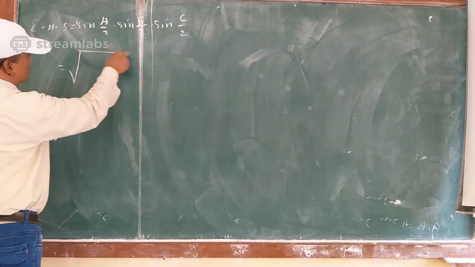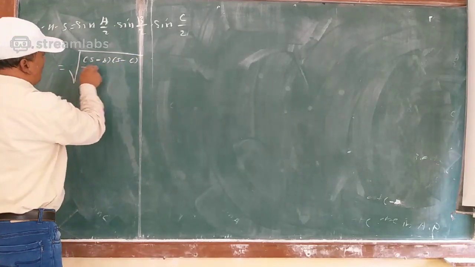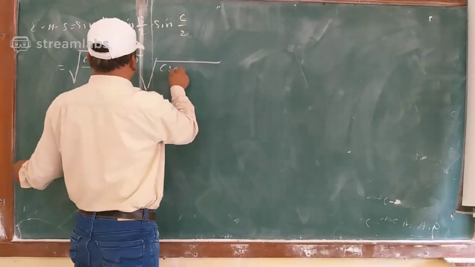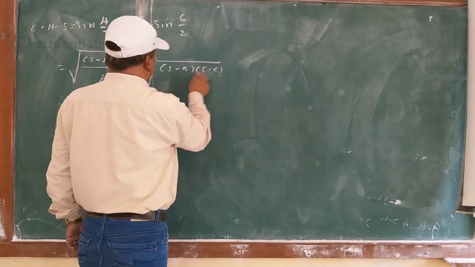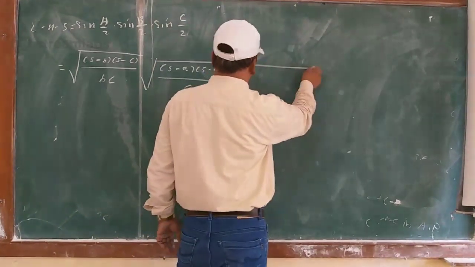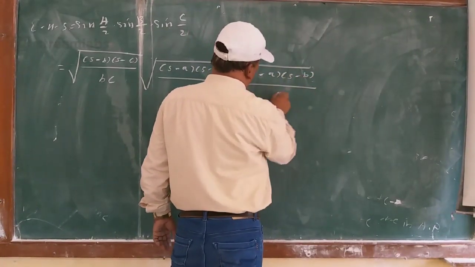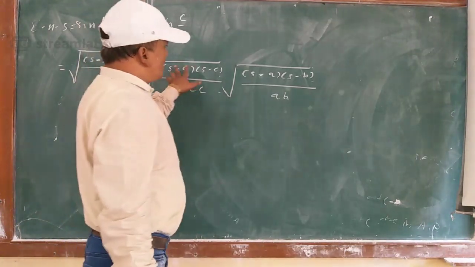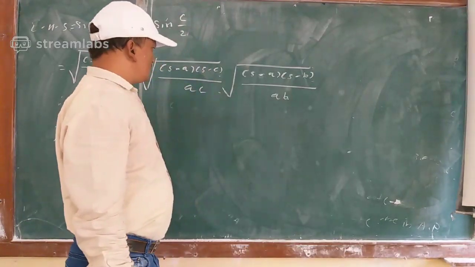Under root S minus B, S minus C upon BC. Under root S minus A, S minus C upon AC. Under root S minus A, S minus B upon AB. S minus A, S minus A, S minus A square, square root.